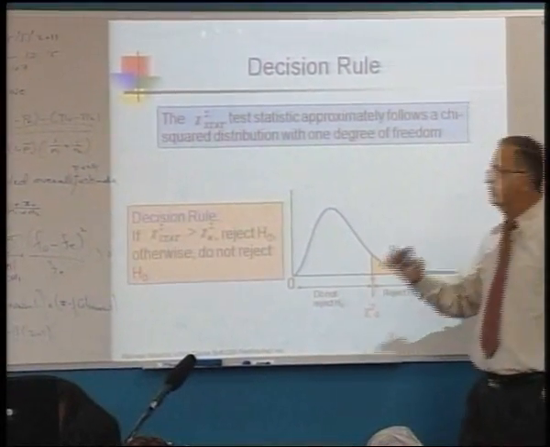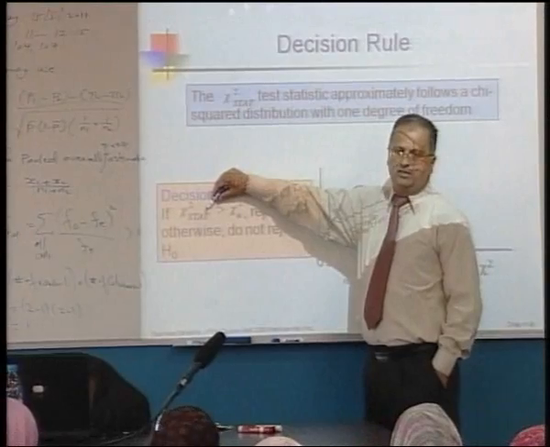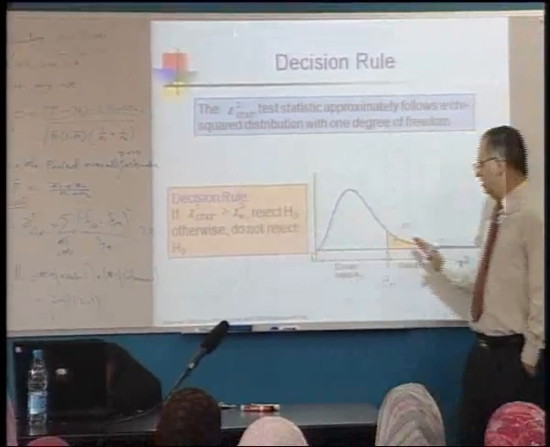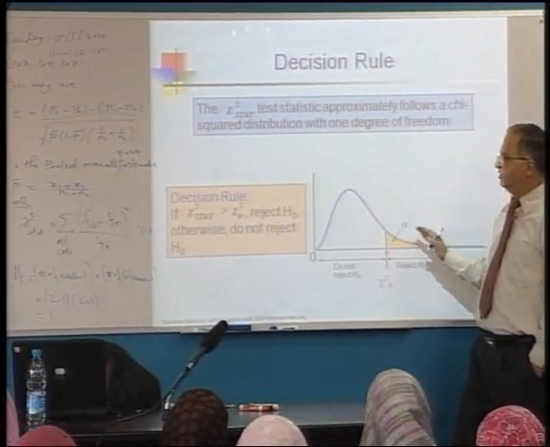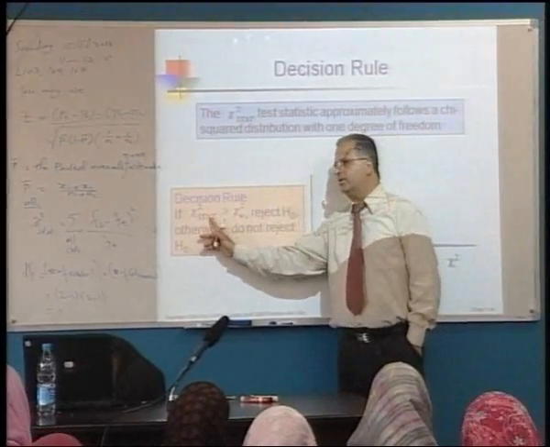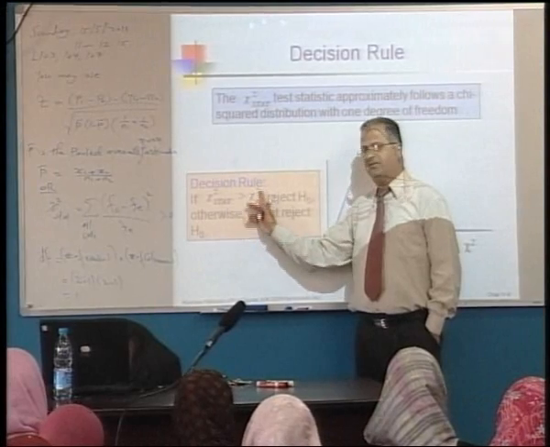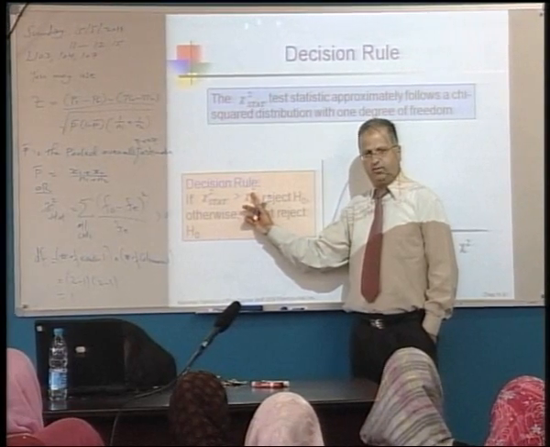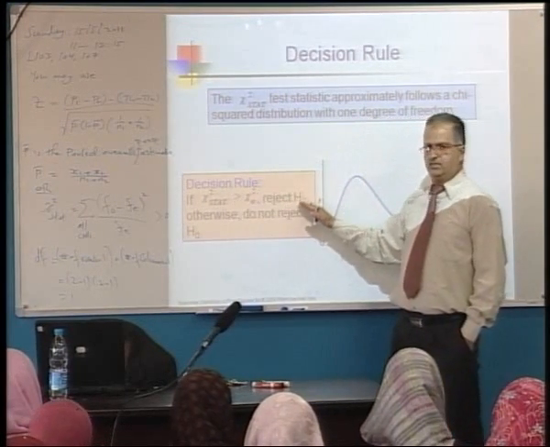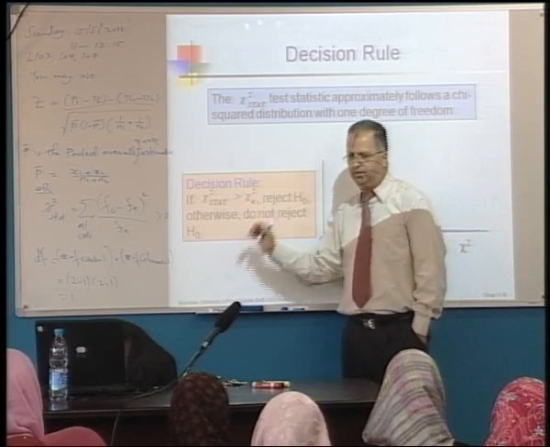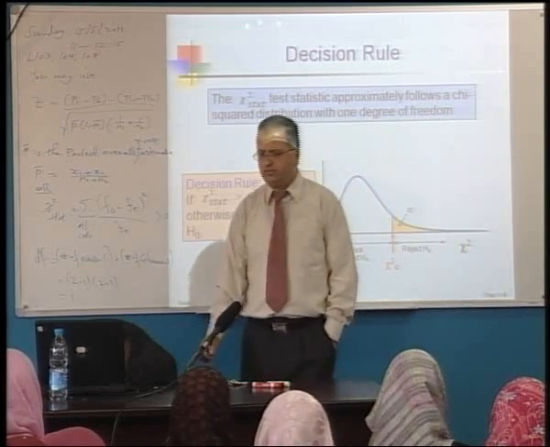If your chi-square statistic falls in the rejection region, that means we reject the null hypothesis, if the chi-square statistic is greater than chi-square alpha. Alpha can be determined by using the chi-square table. So we reject H0 in this case, otherwise, we don't reject H0.